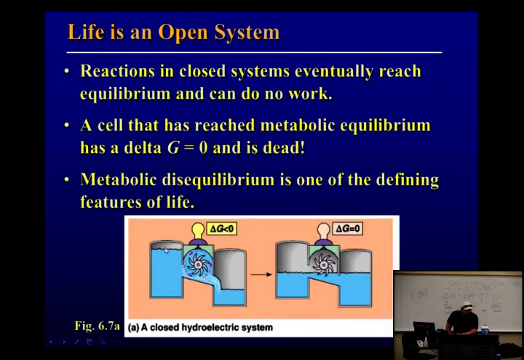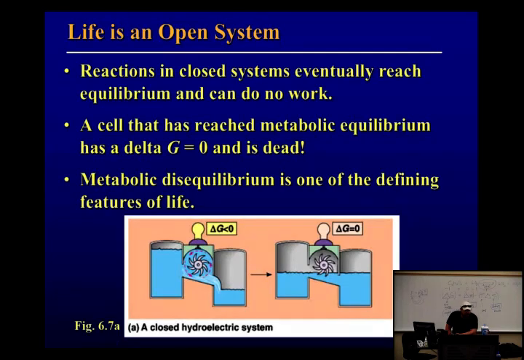So we have this closed system of water tanks, and we have more water in this tank than this one. Then the water's going to flow this way, right? Spin this turbine, create energy. You guys know that's how a dam works. But eventually, if this is closed, the water levels are going to be the same, and that's the same as delta G being zero.